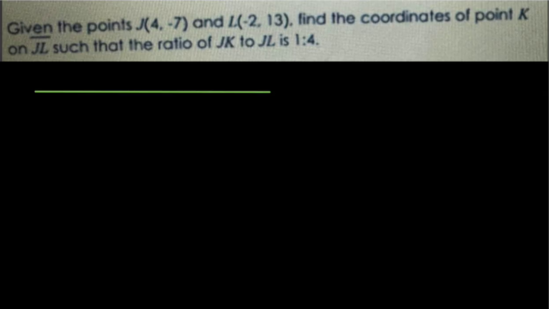Given the points J(4, -7) and L(-2, 13), find the coordinates of point K on JL such that the ratio of JK to JL is 1:4. So this is just similar to the previous two problems. We're given here segment JL. Let's say this is point J, which has the coordinates 4, -7, and this is point L, which has the coordinates -2, 13.